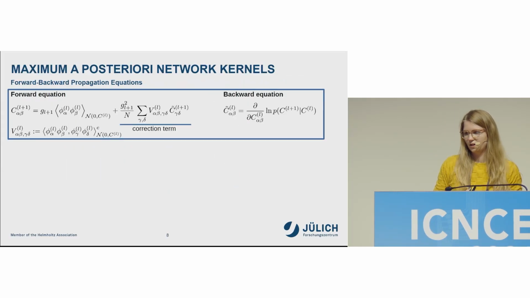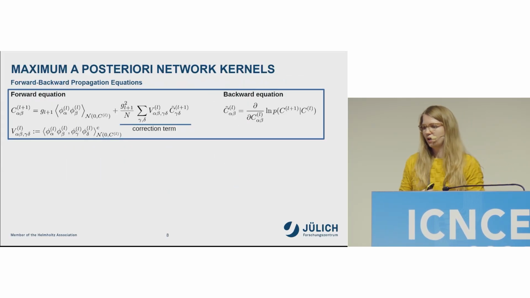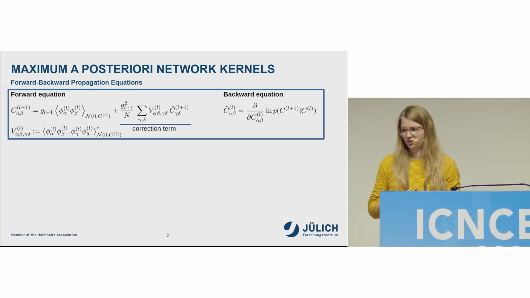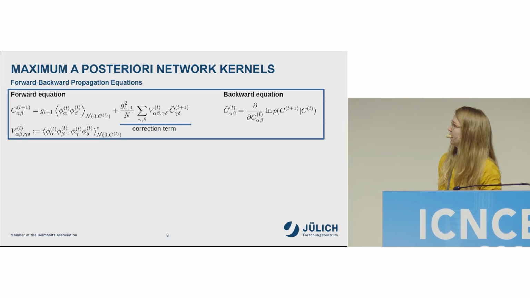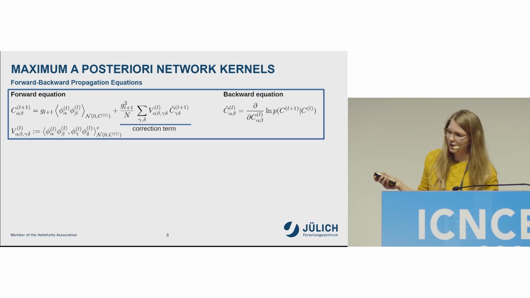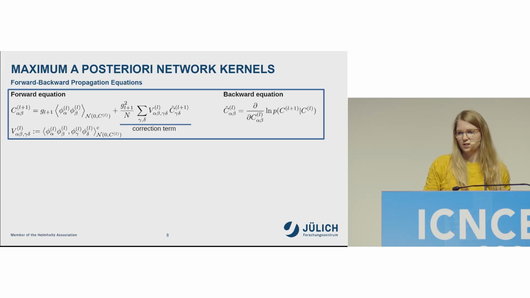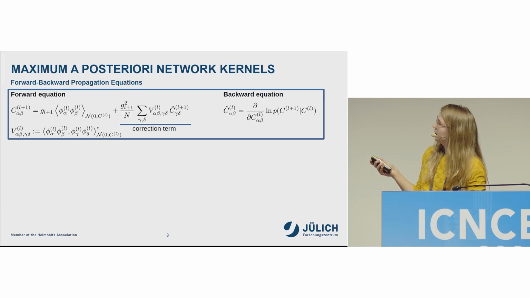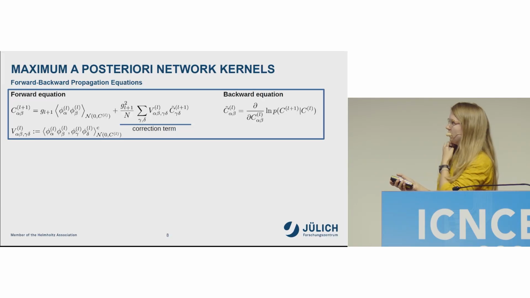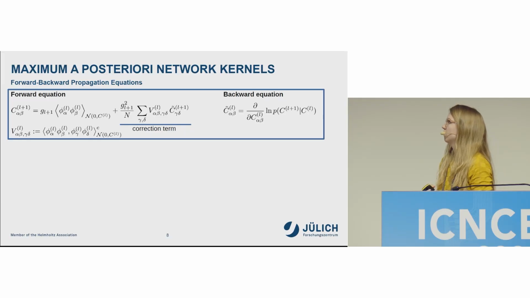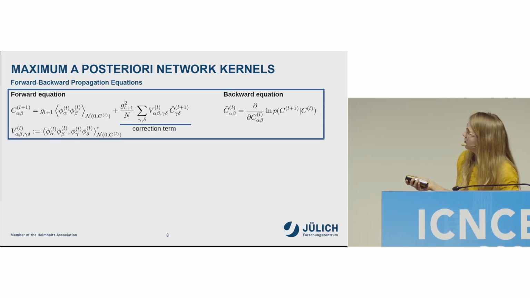So what we get for these kernels now is a set of forward-backward propagation equations. And for the forward equations, we actually have two terms for the kernel C. The first term here has essentially the same structure as the neural network Gaussian process kernel that I've shown you before. And now we, in addition, get a correction term on top of this first term that consists of two terms.